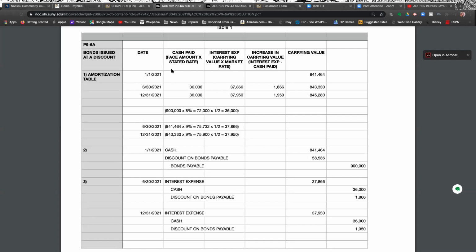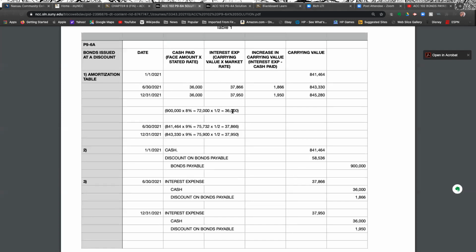The second column is the cash paid. The cash paid is based on the face amount and the stated rate of interest. In this problem, the face amount was $900,000 and the stated rate of interest was 8%. If you multiply, that gives you $72,000, but we only want half that because we're talking about half a year.